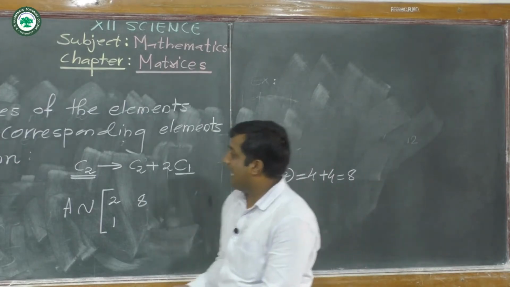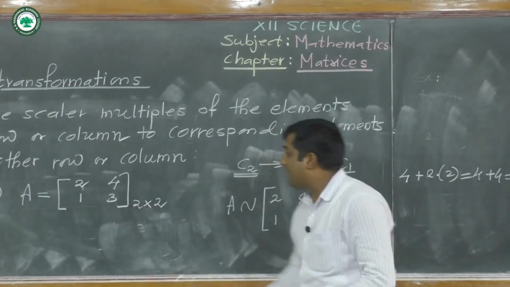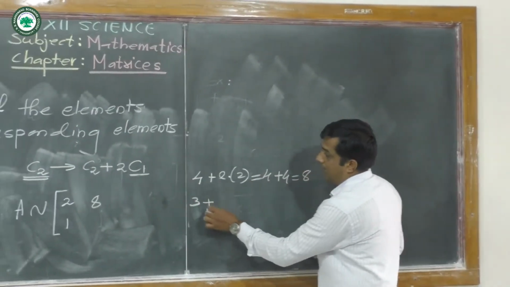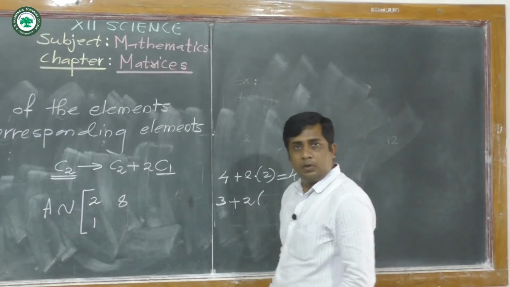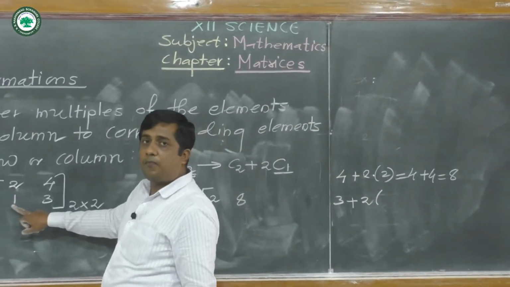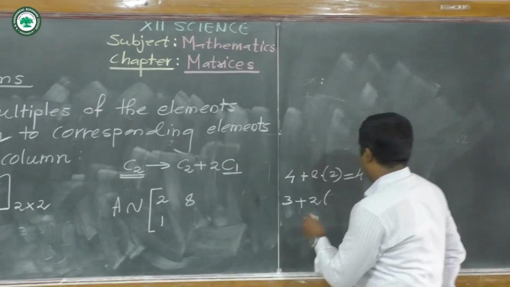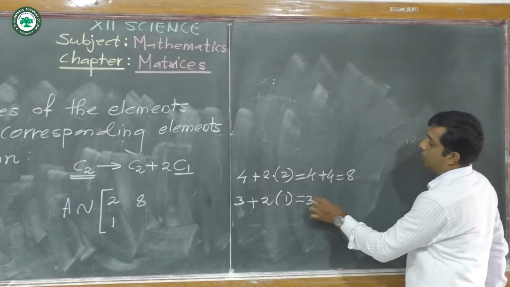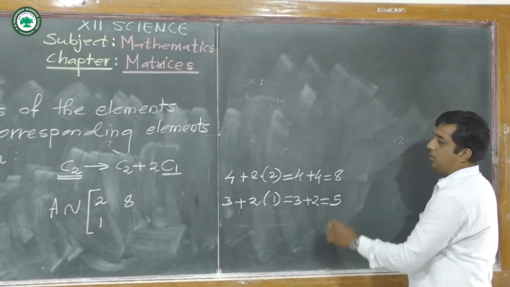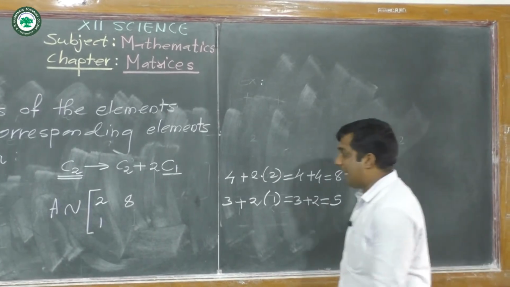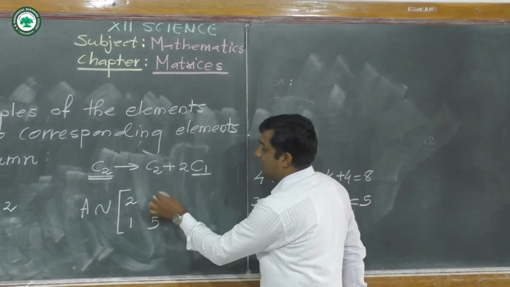Now in column second the element is 3, so 3 plus 2 into the second element of column first, which is 1, so 2 into 1, and this is equal to 3 plus 2 and is equal to 5. So the second element of column second is 5.